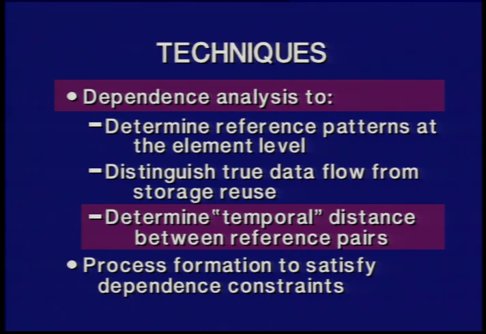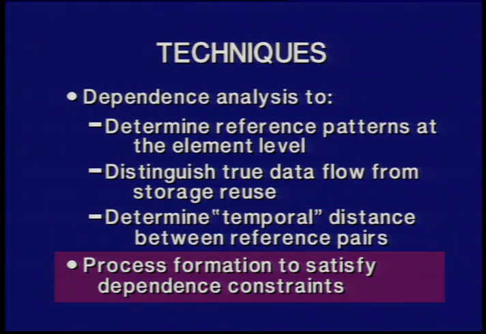When I'm storing something into storage, I might be using it 20 iterations later in the do loop. That's an important piece of information, whether it's 20 iterations later or 1 iteration later. So the temporal distance is another factor. And then, having found all of the dependences, we want to form processes to satisfy these dependencies.